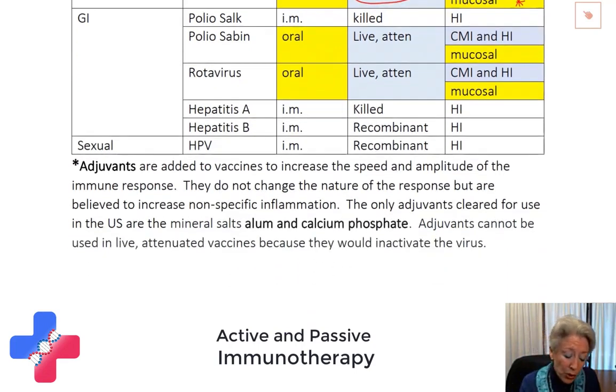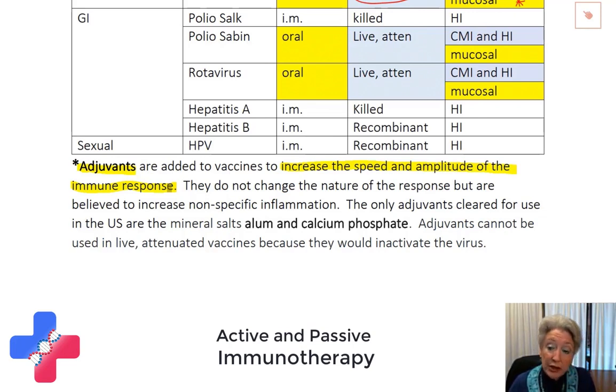Now, one more thing before I leave this, I want to mention to you the explanation of the word adjuvant. An adjuvant is something that is added to a vaccine in order to increase the speed and amplitude of the immune response. It's not going to change the nature of the immune response. If it was going to be antibody production before, it will still be antibody production with an adjuvant.